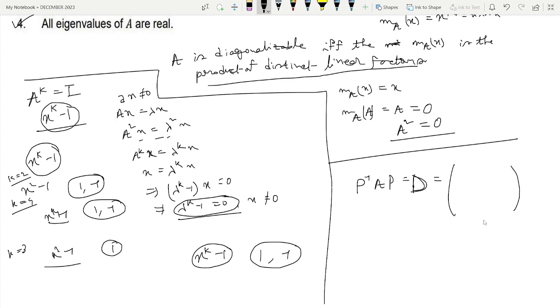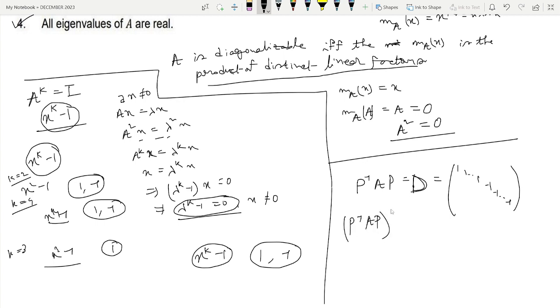The only possibility is all positions may be 1, all positions may be minus 1, or maybe some 1 and some minus 1 together. So let me write it this way: 1, 1, some 1s, and the remaining are say minus 1, minus 1, minus 1.